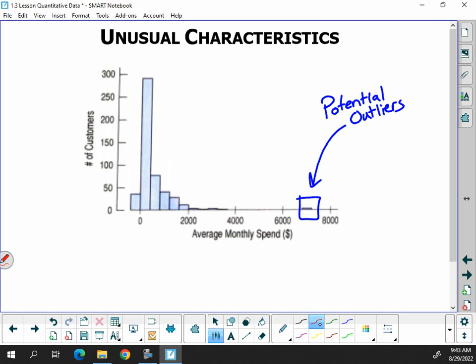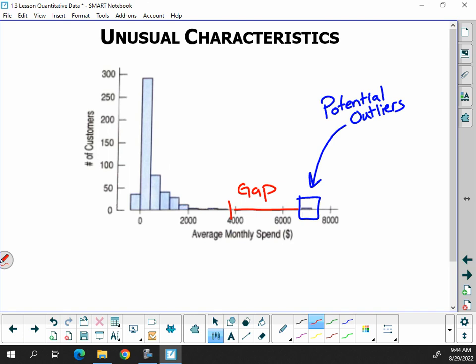We want to talk about any gaps in the data. So here we have a big gap between around 3,000 and 7,000. We would want to talk about any clusters.